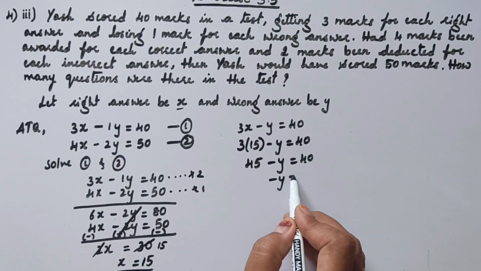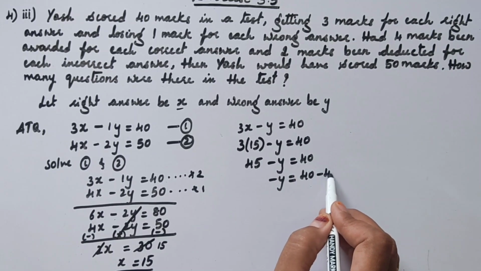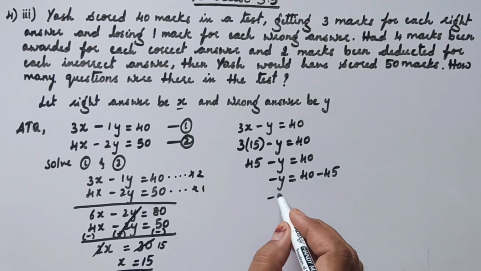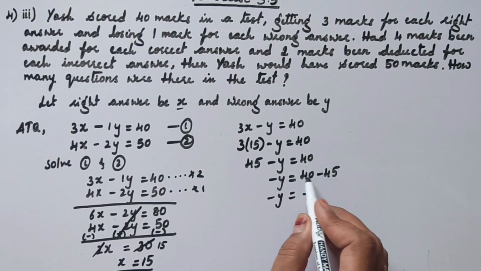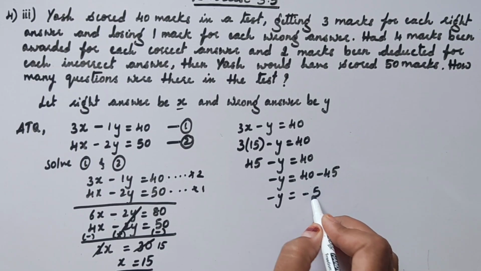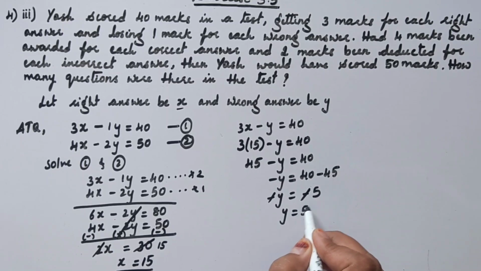Shift this to the other side, you're going to get minus 45. Minus y equal to, the greater number's sign I'll place. Now different signs, let us subtract. I got 5. So minus minus gets cancelled, y equal to 5.